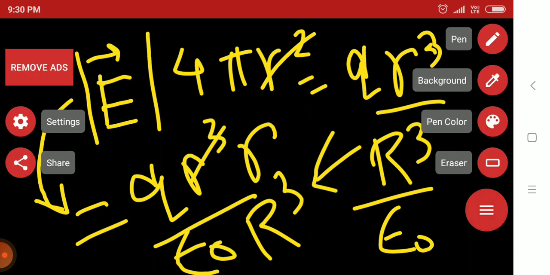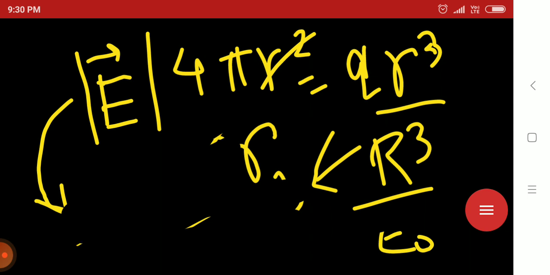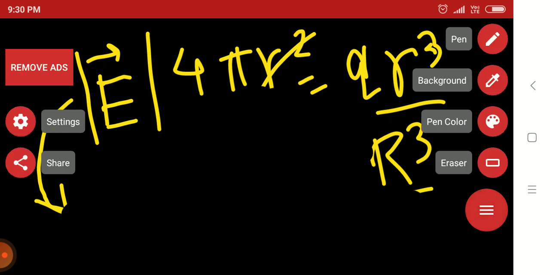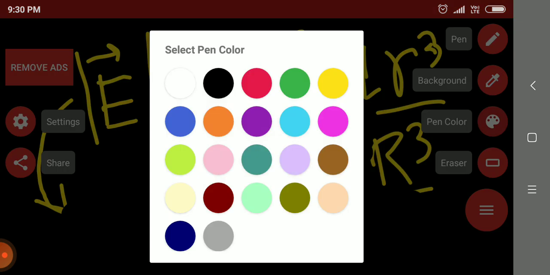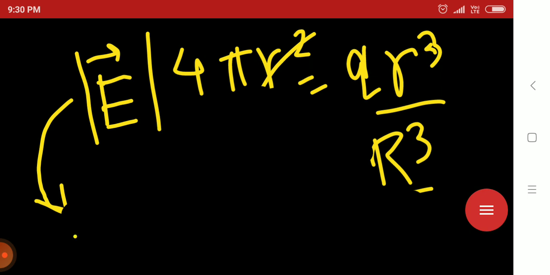So after calculation, what are we getting? The electric field E equals, and we are only taking the magnitude here, because we know that it is the radial component. Our aim is to obtain the magnitude.